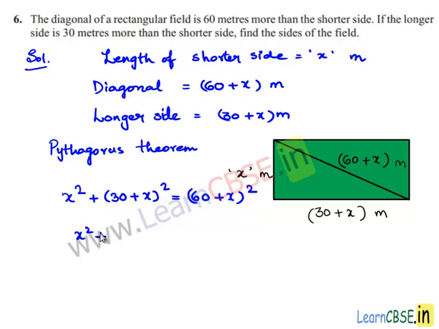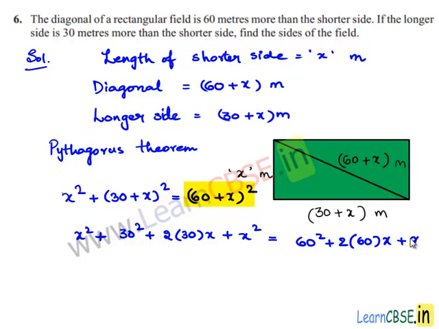This can be expanded as (a plus b) whole square is equal to a square plus 2ab plus b square. So 30 square plus 2 times 30 multiplied by x plus x square is equal to 60 square plus 2 times 60 multiplied by x plus x square.